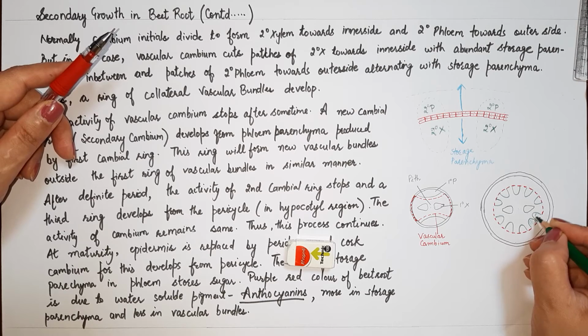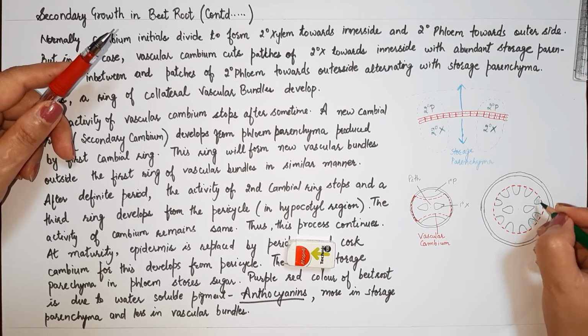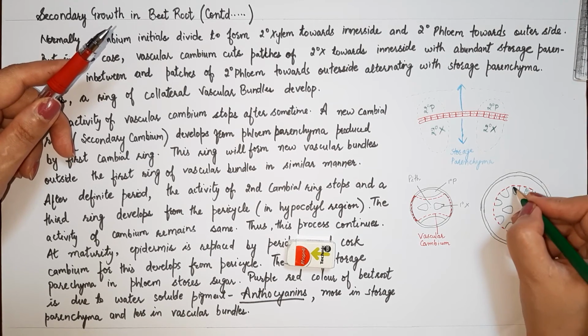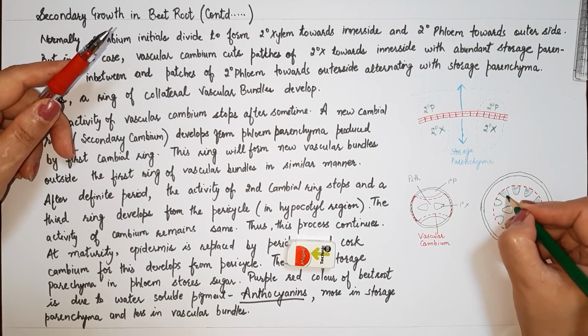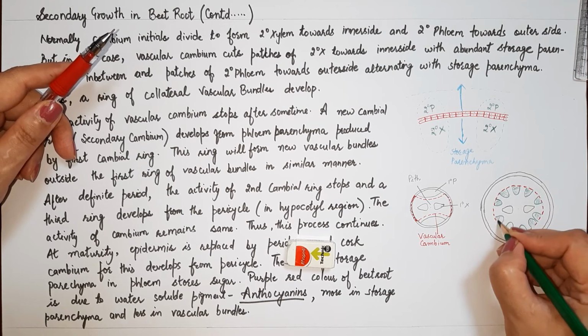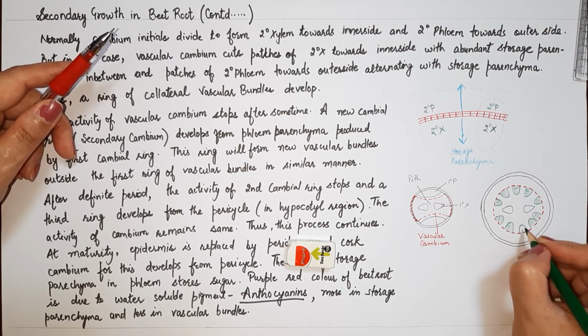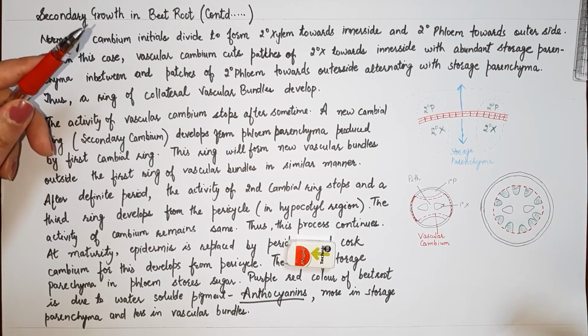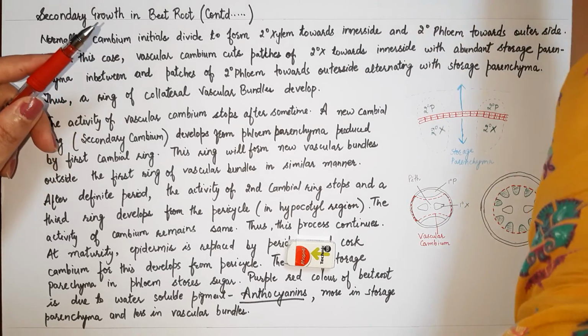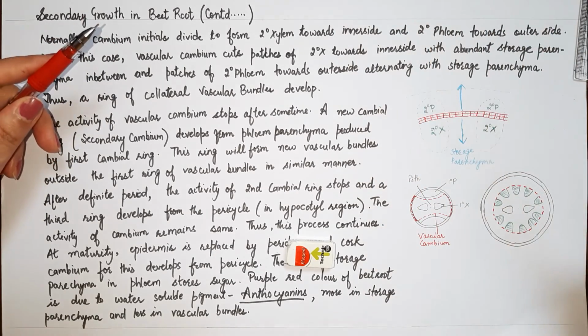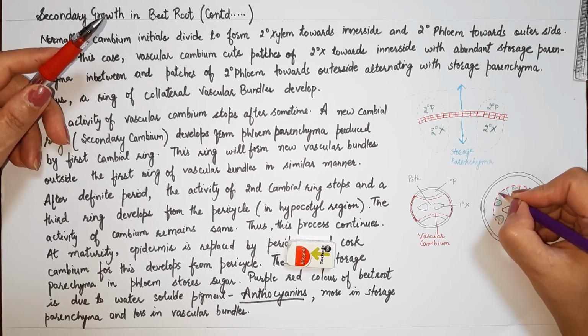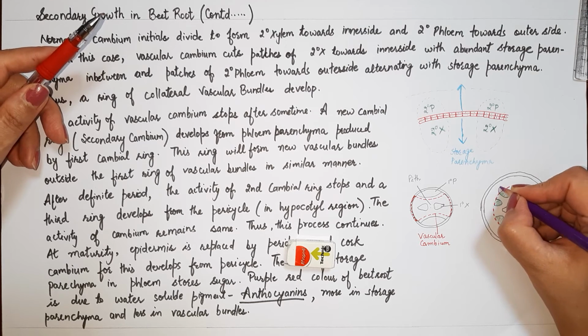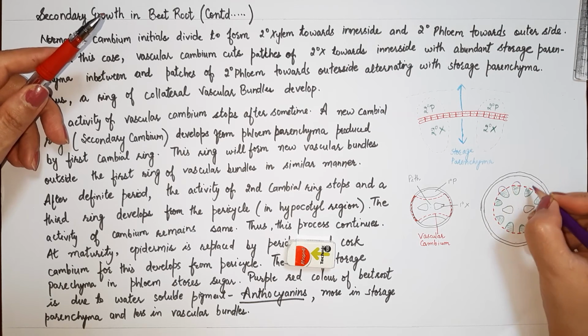You can shade it as we generally shade xylem this way. And opposite to this, secondary phloem will be formed. So, now I am using a different color for secondary phloem, and it should be almost half as compared to secondary xylem.